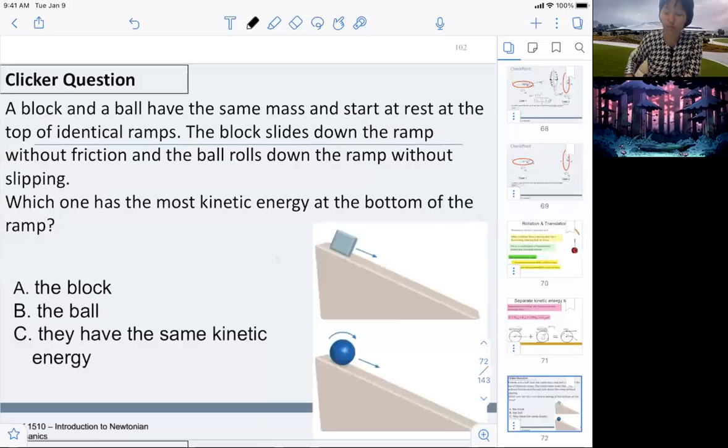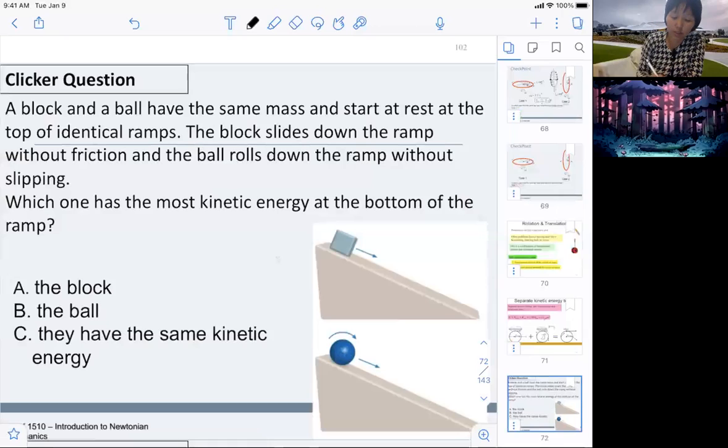Okay, so what I mean by no slipping is you just roll without slipping backwards, right? It's just rolling without slipping. Which one has the most kinetic energy when they reach the bottom of the ramp? Okay, so it doesn't really tell you how fast they're rolling or translating or spinning at a particular moment.